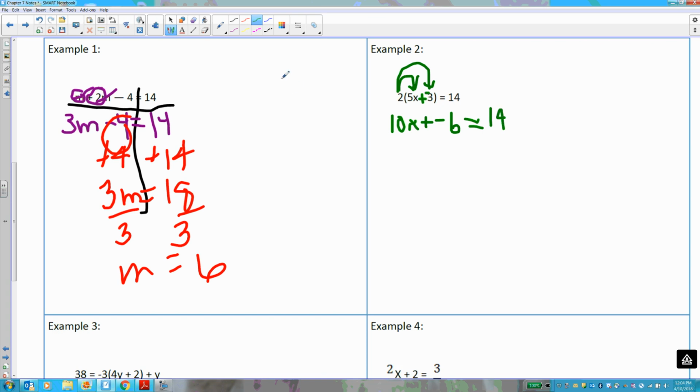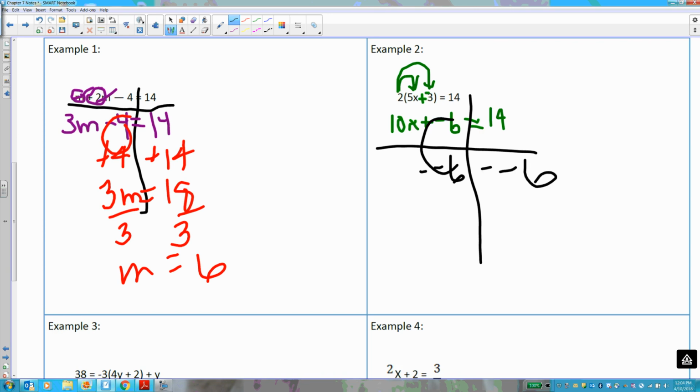All right, so now we got our two-step equation, so the part in black shouldn't be new. So if I'm plusing negative 6, I want to minus negative 6 to get rid of it. So these become 0. I'm left with 10x equals 14 minus negative 6. Remember, these two negatives make a plus, so 14 plus 6 is 20.